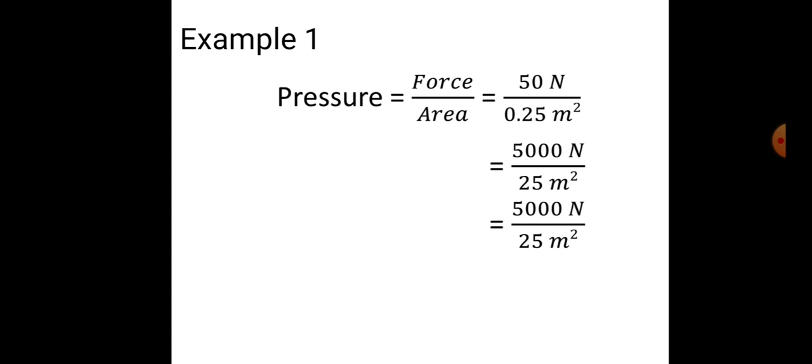So 50 has now become 5000 divided by 25. 5000 is divisible by 25. So the answer comes as 200 Newton per meter square or 200 Pascal. So the pressure exerted by the box on the shelf is equal to 200 Newton per meter square or 200 Pascal. Is it clear to you all?